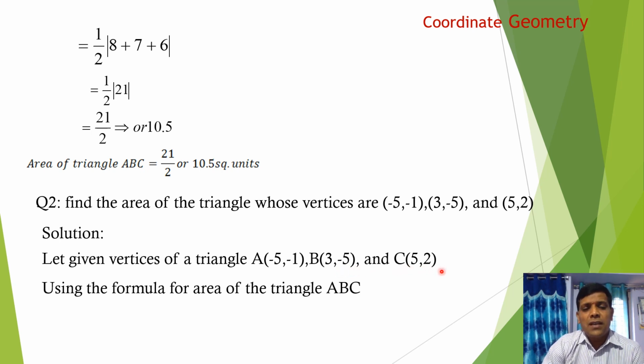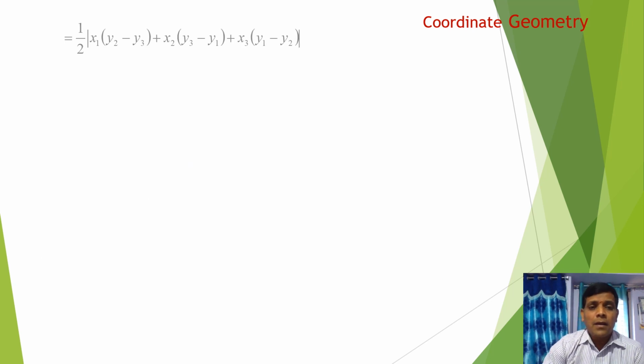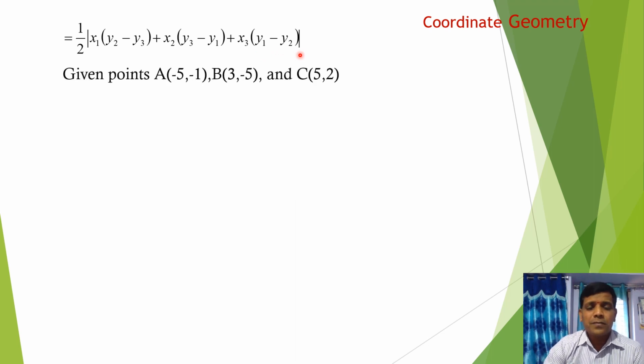So using the area of triangle formula, do you know the formula for area of triangle? Half mod x1 into (y2 minus y3) plus x2 into (y3 minus y1) plus x3 into (y1 minus y2). What are the given points? A(-5, -1), B(3, -5) and C(5, 2).